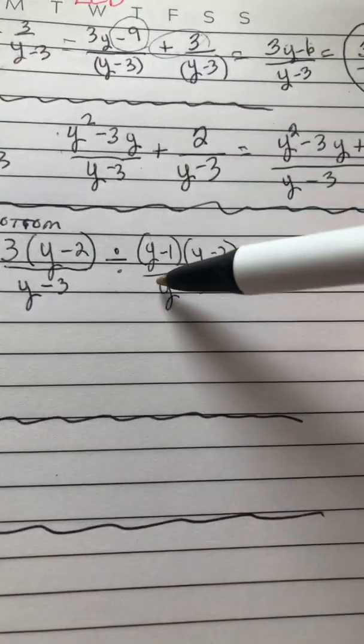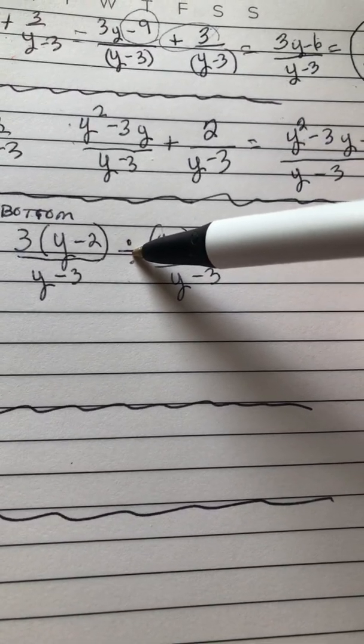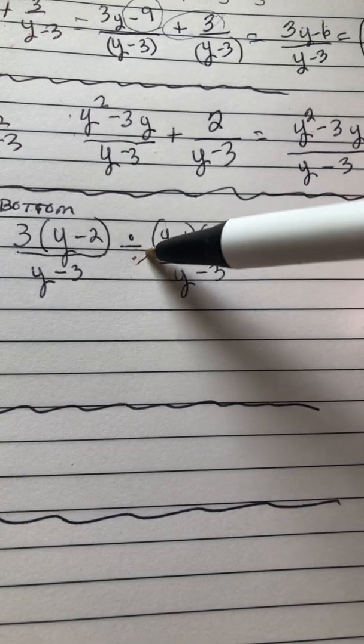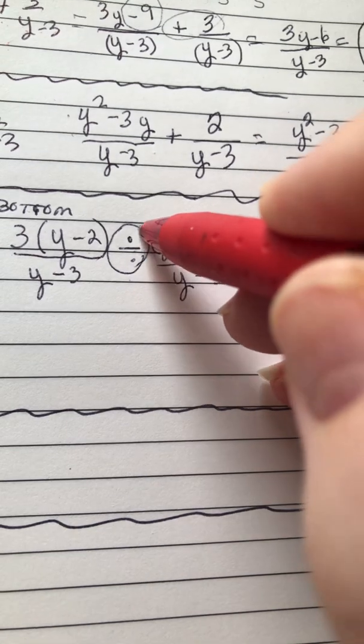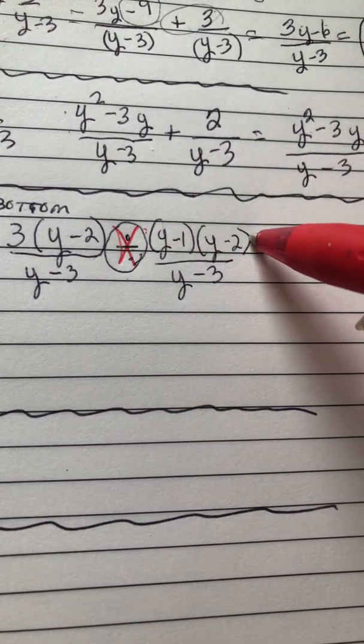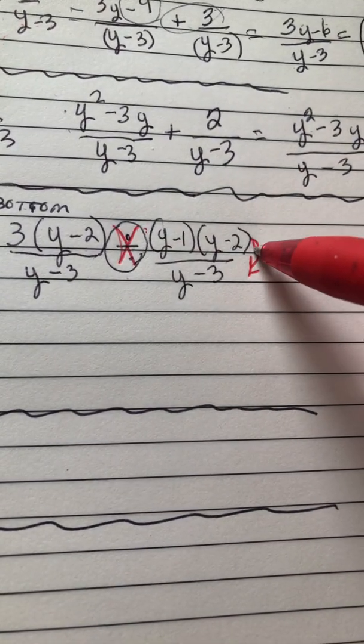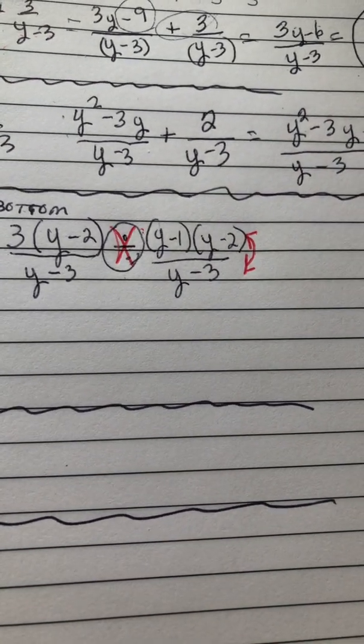And just like with normal fractions, when it comes to division, it can't be done that way. We're going to have to change this. We're going to have to turn it into multiplication, and we're going to have to flip the second one. That's multiply by the reciprocal.